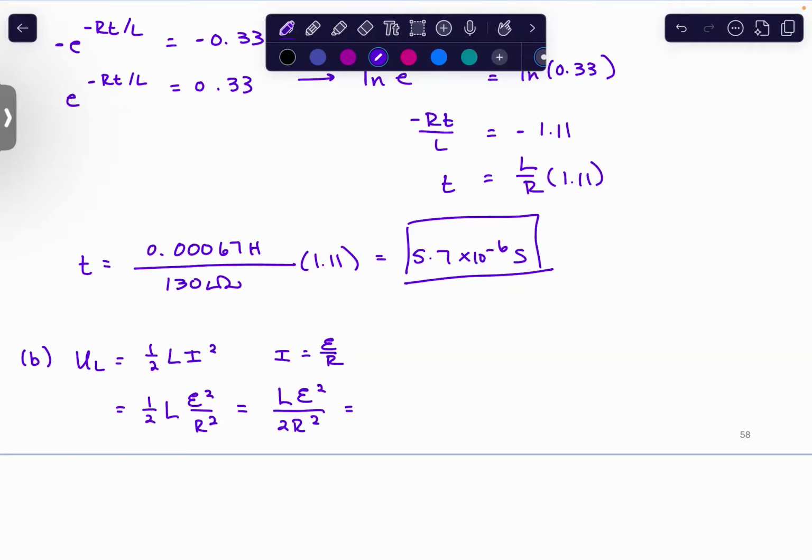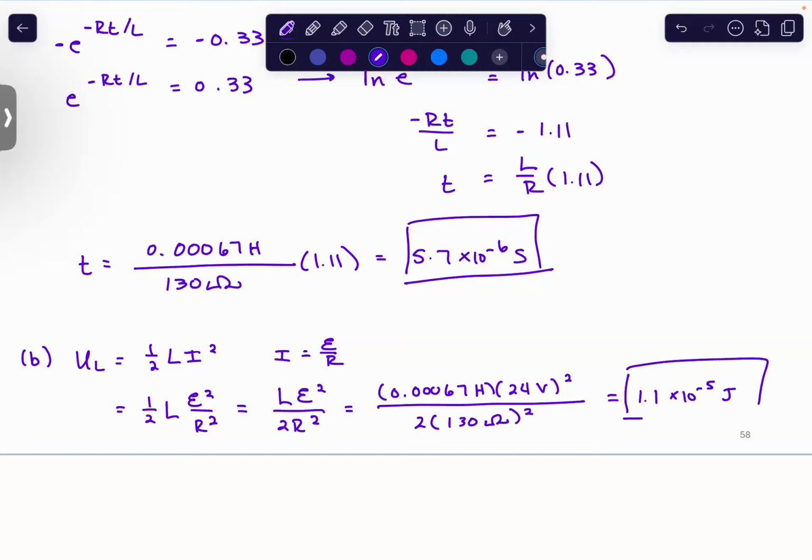Alrighty. So the energy stored in the inductor is 1.1 times 10 to the negative fifth joules.